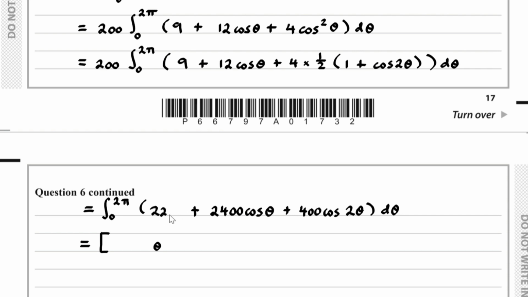So I've got 2200 theta plus 2400, if I integrate cos I get sine. And if I integrate cos 2 theta, I get 1/2 sine 2 theta, and if I multiply that by 400, that means I would have to add on 200 sine 2 theta.